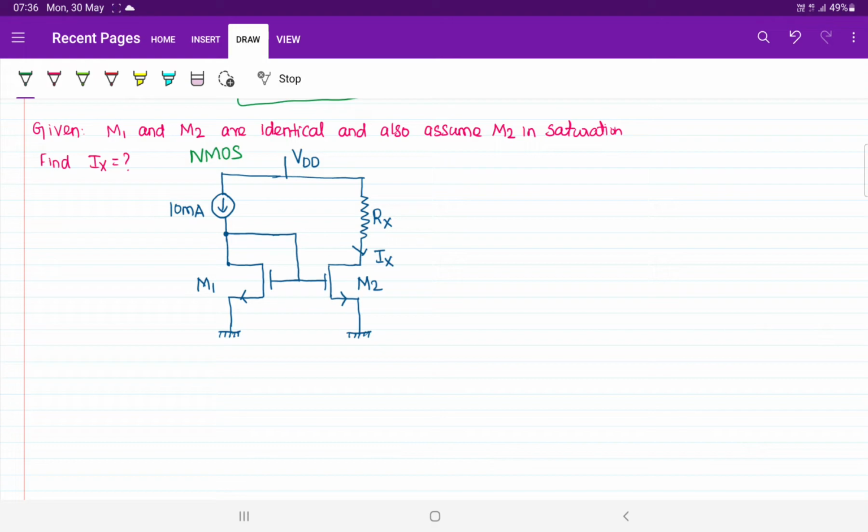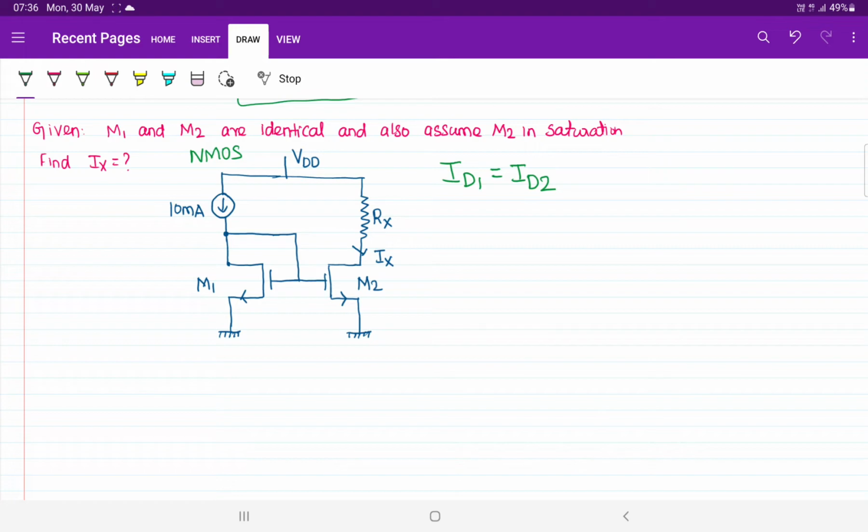It means that in a MOSFET, whenever they give this clue that two transistors are identical, the current consumed by them is also going to be identical. I can directly write that the current consumed by MOSFET 1 and MOSFET 2 are going to be the same, because they are identical to each other.